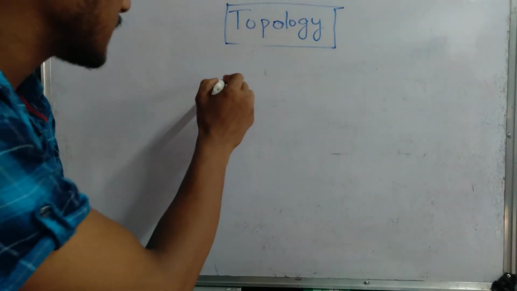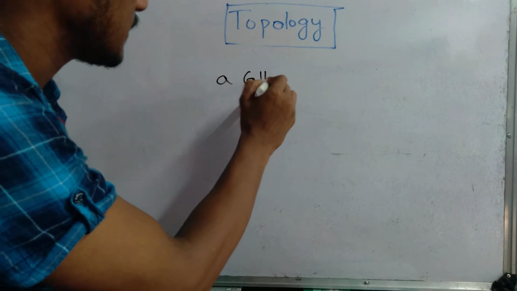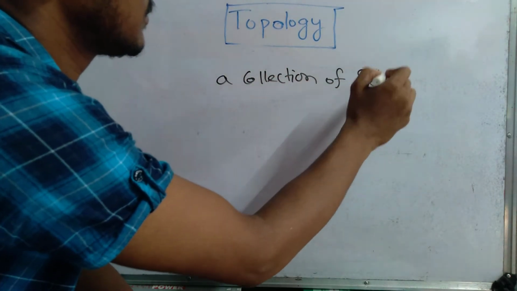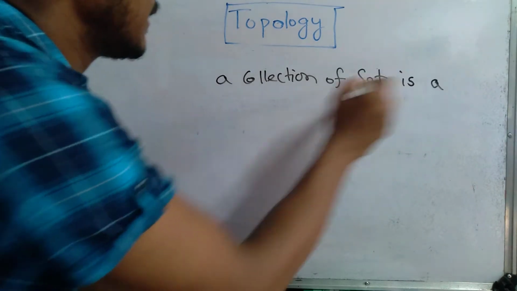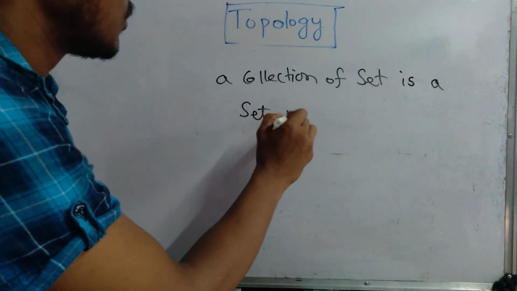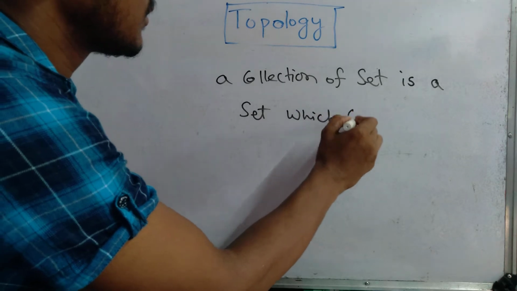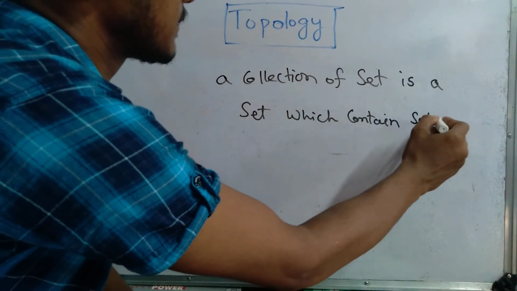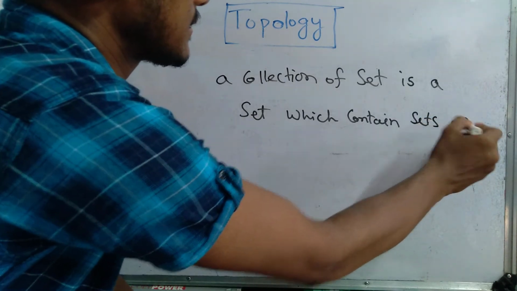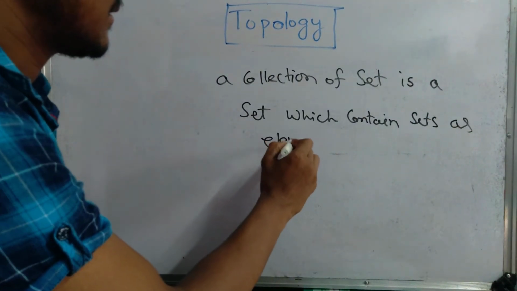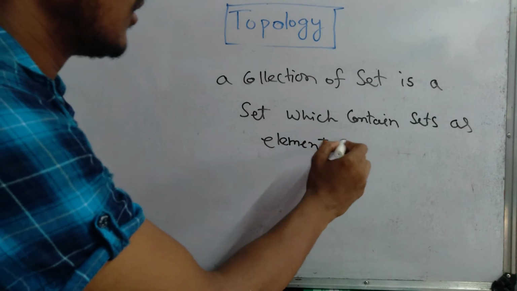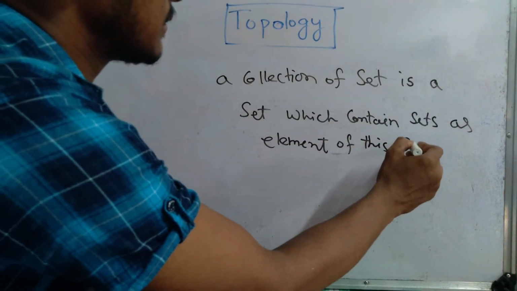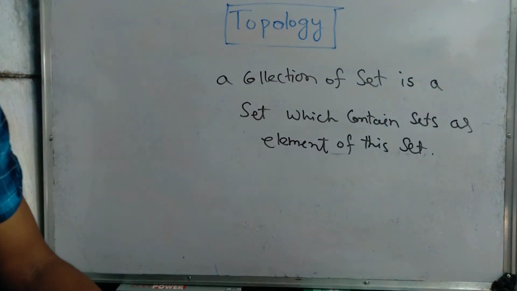That means a collection of sets is a set which contains sets as elements of this set.